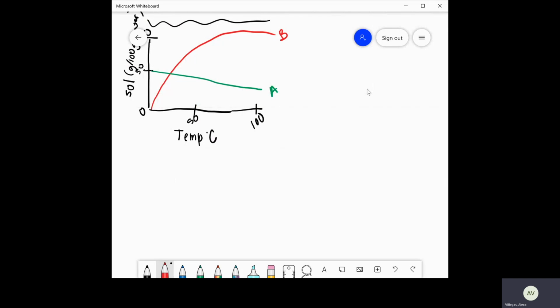So this one goes, what is the maximum number of grams of substance B that 250 grams of water can dissolve at 10 degrees Celsius?